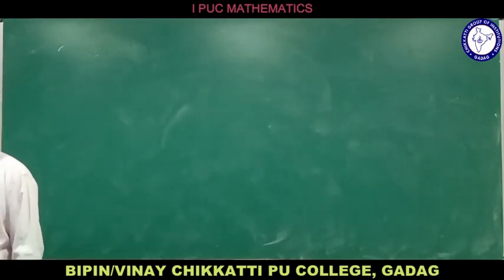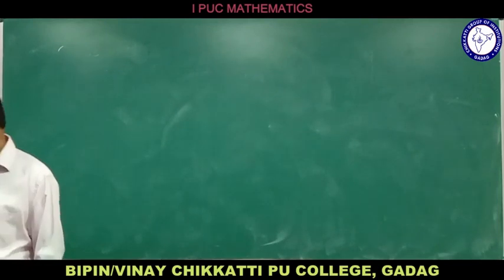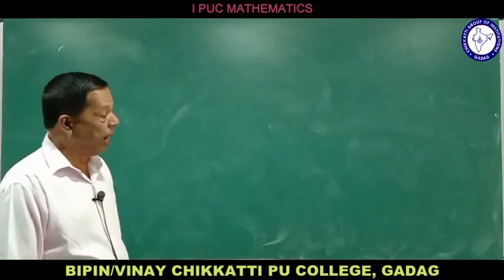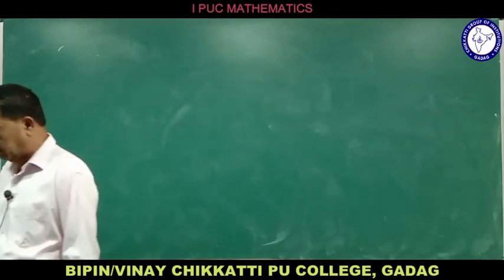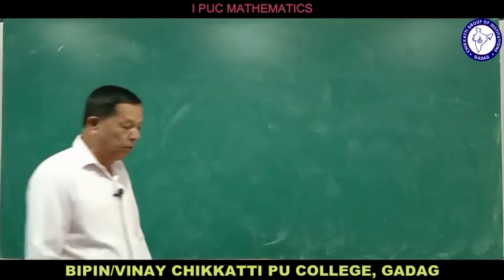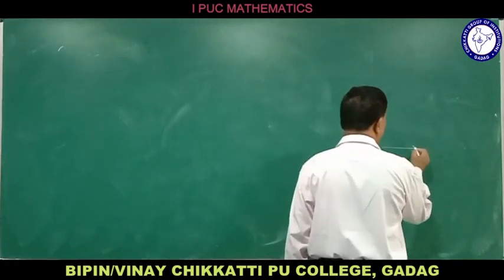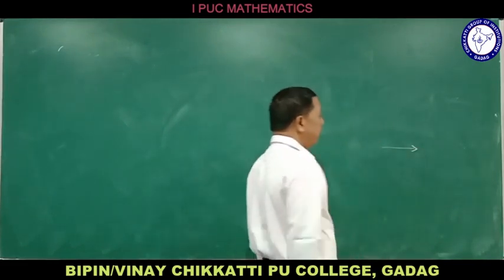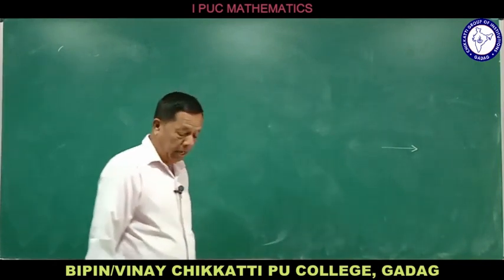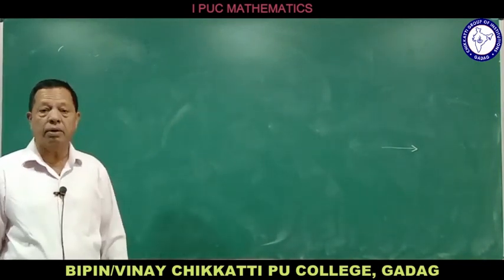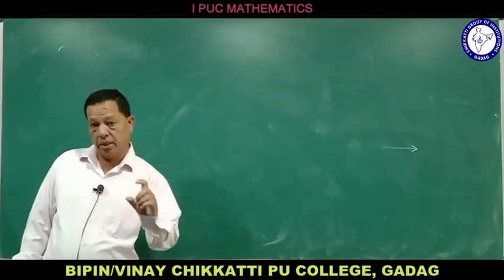Particularly when we represent the relation, we use an arrowhead, an arrow mark, and that is called an arrow diagram. This diagram is called an arrow diagram. The relation may be represented by that arrow.